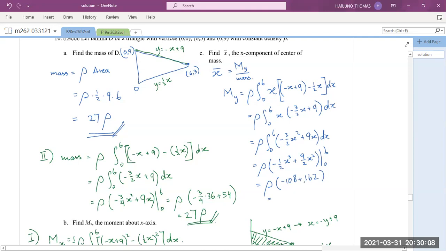So that will be 54. Okay, so x bar equals 54 rho over 27 rho. That equals 2.